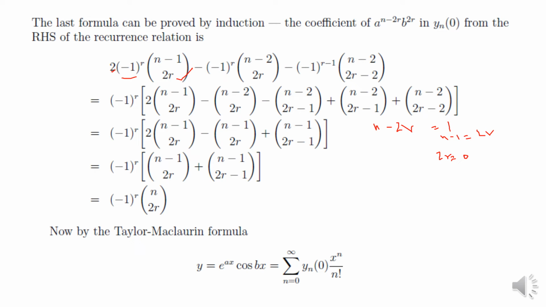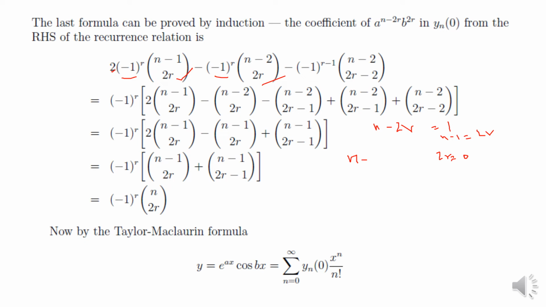Then comes the minus sign for the second term. Second term is minus a square yn minus 2. So then it is minus 1 to the power r, and it gives us 1 when r is 0, and then the total term becomes minus. Next here we have n minus 2, 2r.